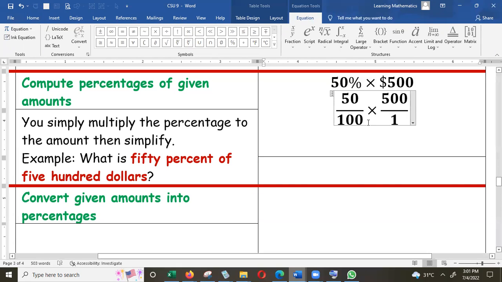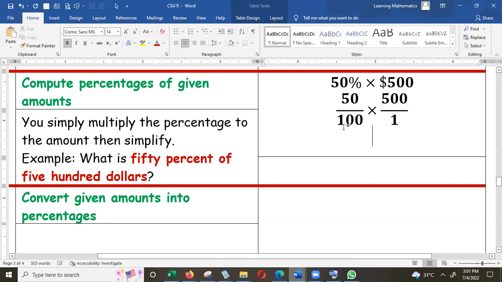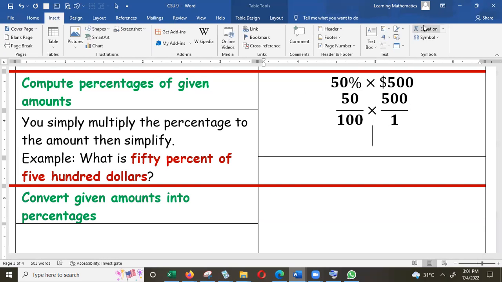When you are multiplying or dividing by multiples of 10, you can simply cancel out zeros.